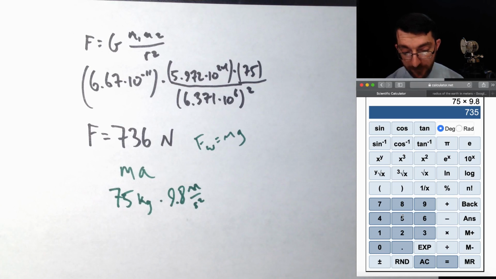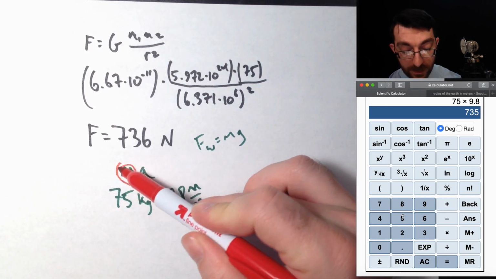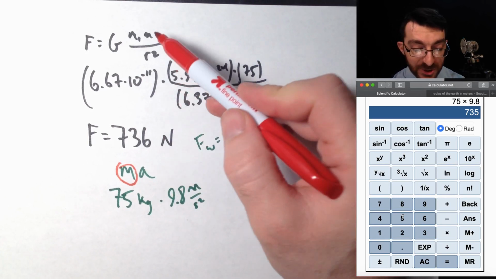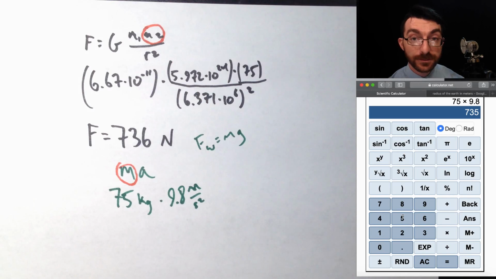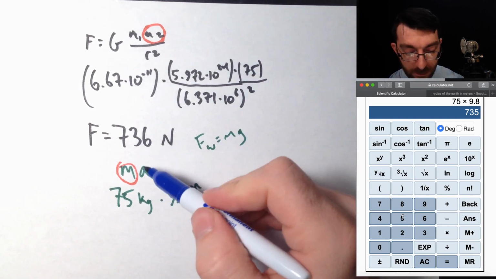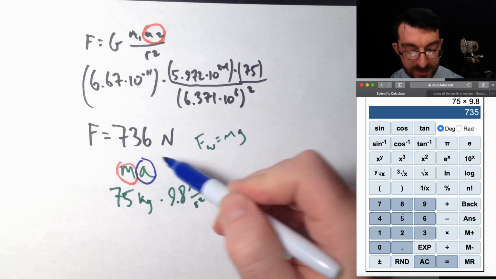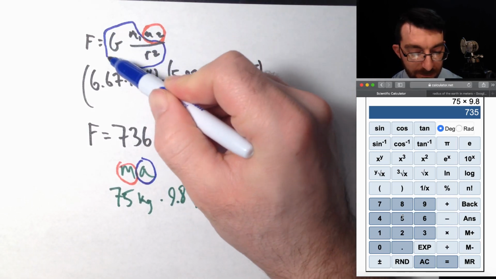Okay, so if we were to do a little bit of simplification here, we might notice that my mass in this expression is just my mass in that expression, which means that all of this acceleration is just the rest of it.